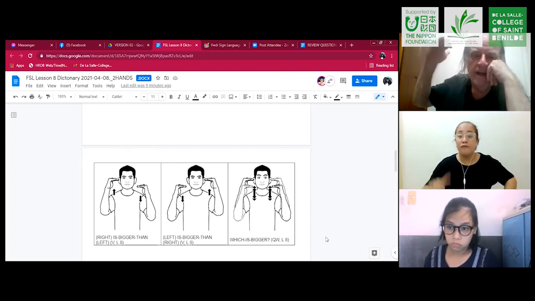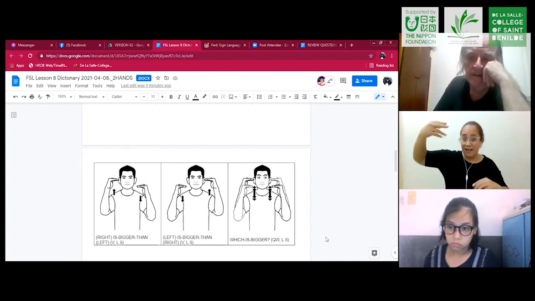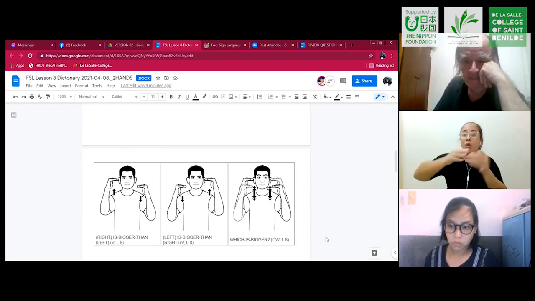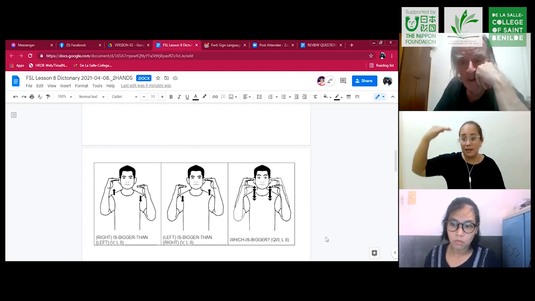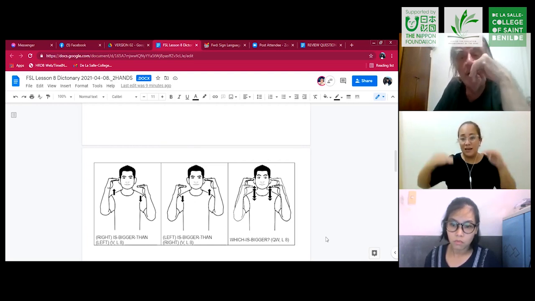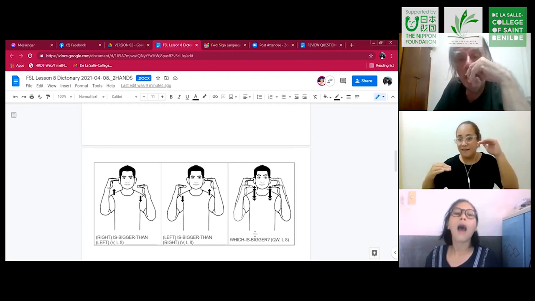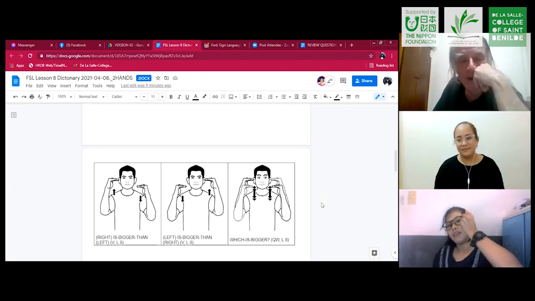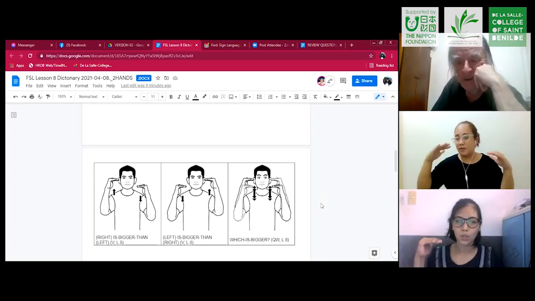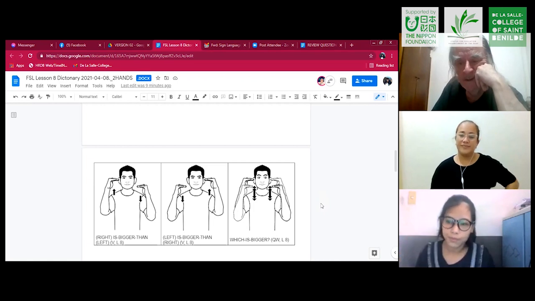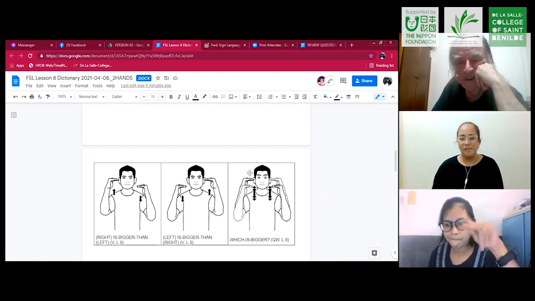First sign: right hand higher, simple movement. Second sign: right hand higher and complex movement. Third sign: right is lower. Okay, I understand.